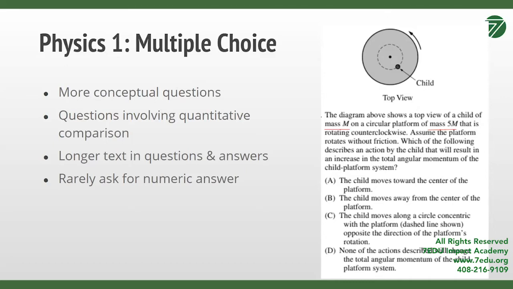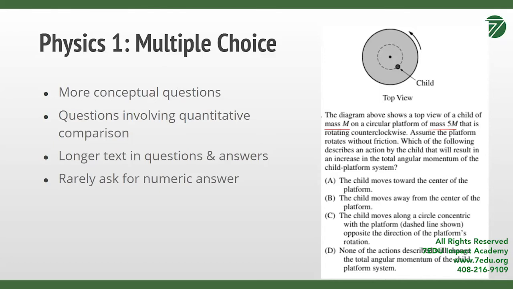Looking at this question, we'd read through it. For the sake of time, I'm going to go a little faster. The question asks, which of the following describes an action by the child that will result in an increase in the total angular momentum of the child-platform system?